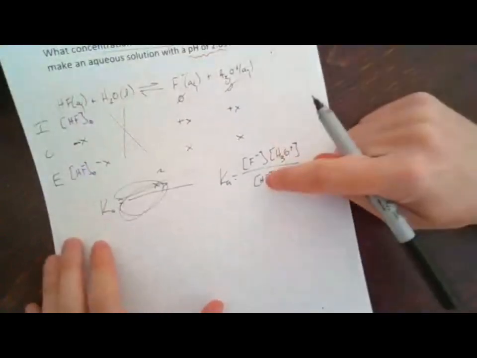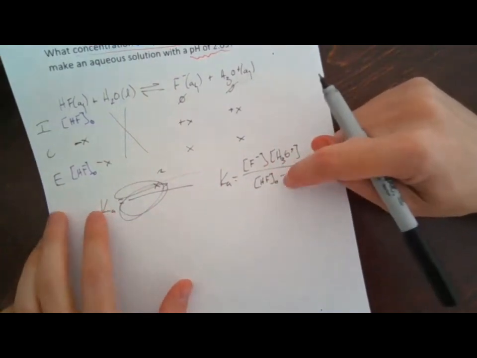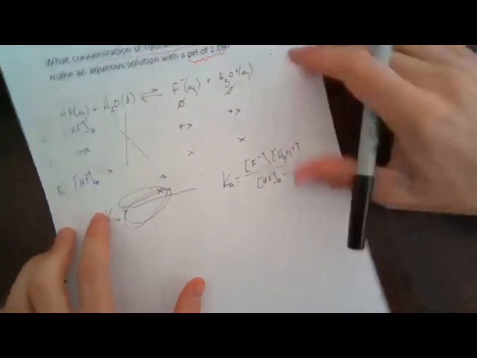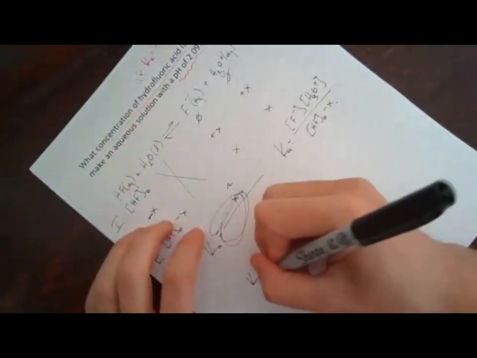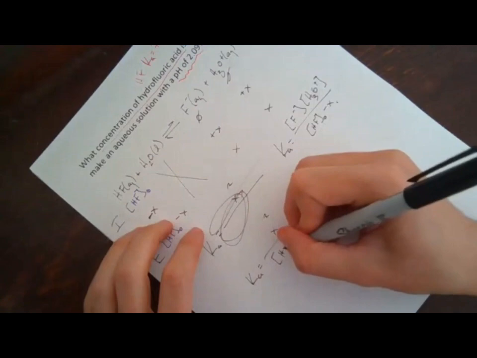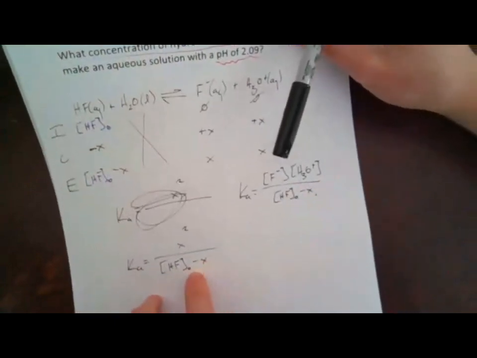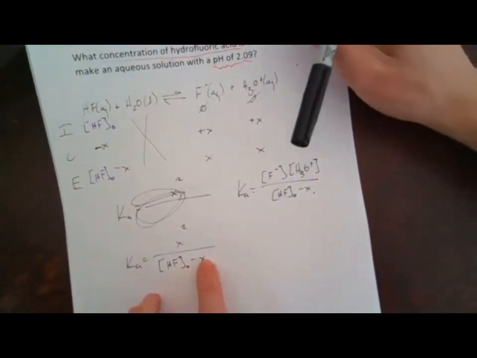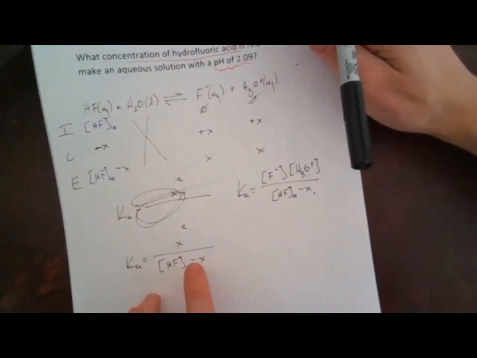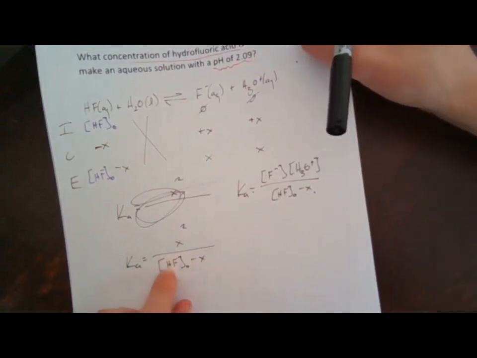That's the initial concentration, because what we really want is the concentration at equilibrium. So Ka is equal to x squared over the concentration of HF naught minus x. We know at equilibrium it's going to be a different value: the initial concentration minus my x, and I want to know what that is.